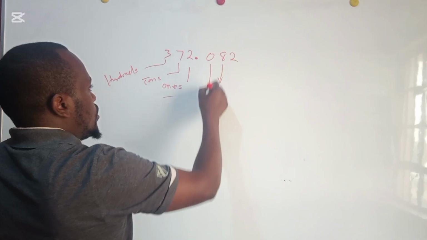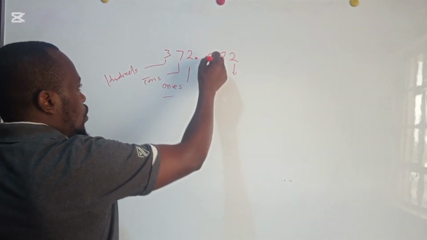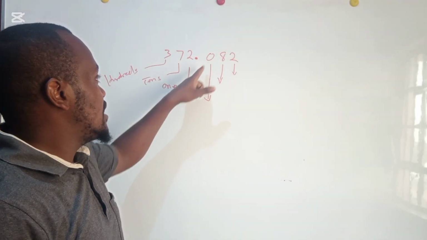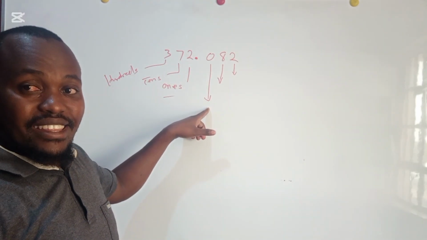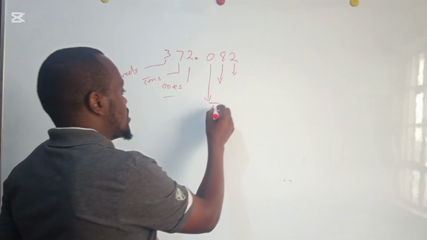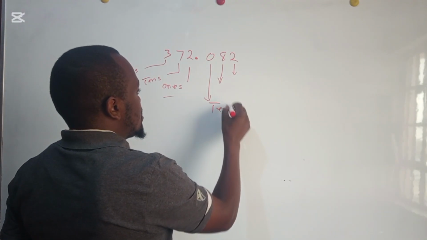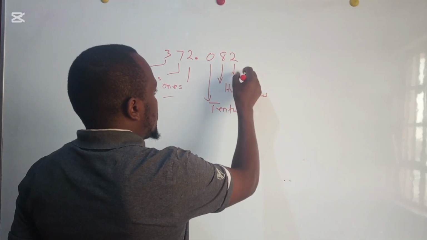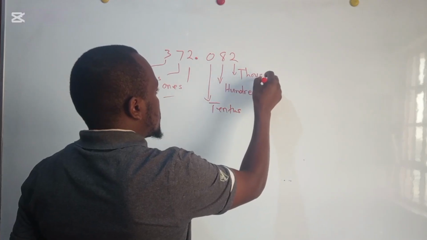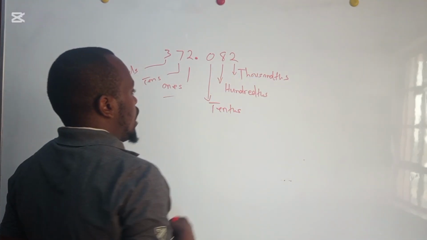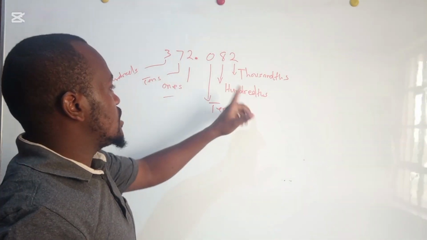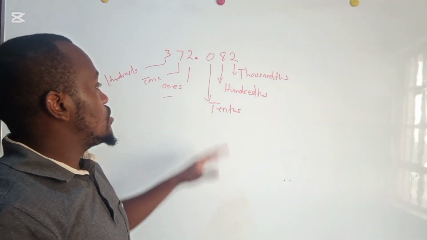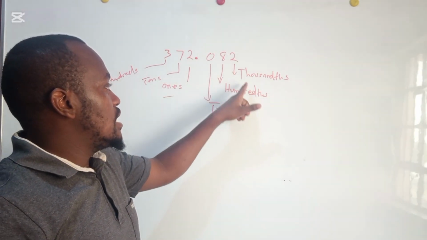What about here? What do we start with? You are always guided by the decimal. Going this way, you start with the ones. What about here? You do not have ones. You have tenths. This one you start with tenths, hundredths, and this one is thousandths. So after tenths you add hundredths, thousandths.